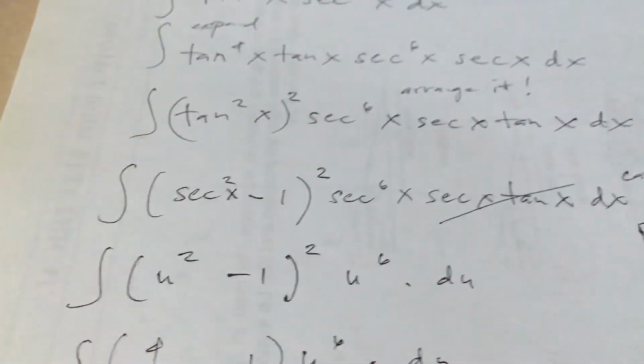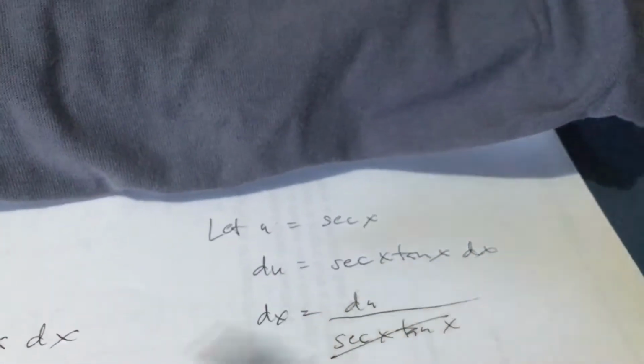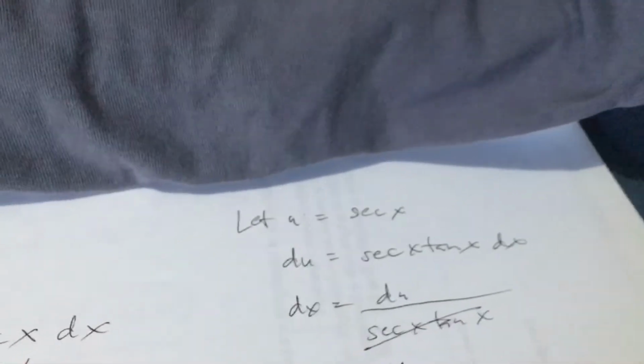And then get the u. We're going to assign the secant as the u variable. Let u be the secant x. Get its derivative. The derivative of secant x will be secant x tangent x.